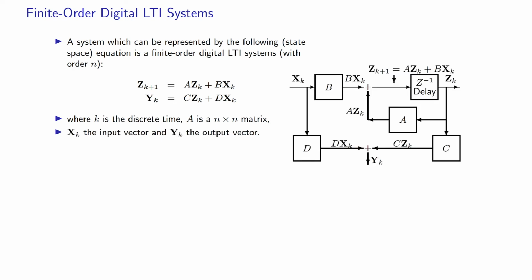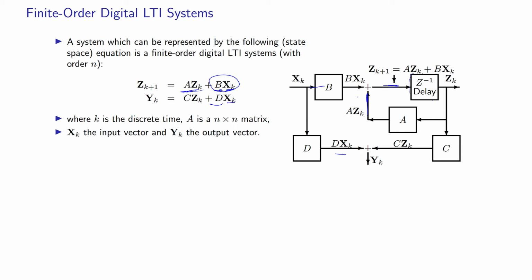And Y is the output. So the system could be written as this block diagram, because the input is first multiplied by B. The input is also multiplied by D. So you add the input term to A times Z of K, you calculate the state, and you put a delay unit.